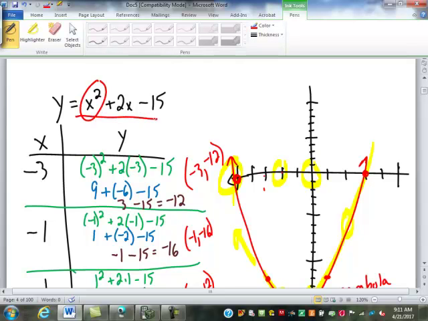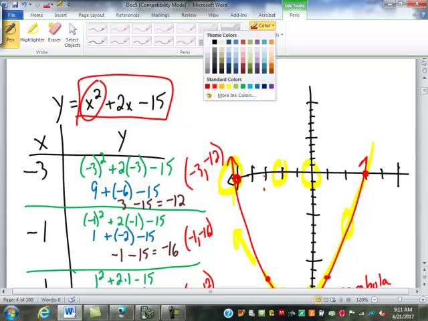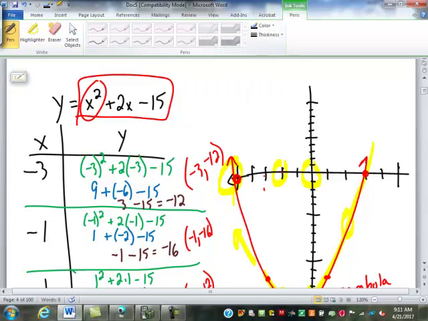This formula here for y has a degree of 2. It's got an x squared in it, which is the highest power on the x. Because of that, it's going to form a parabola. And for now, for this class, to graph a parabola, we're going to make tables like this and plot those points.